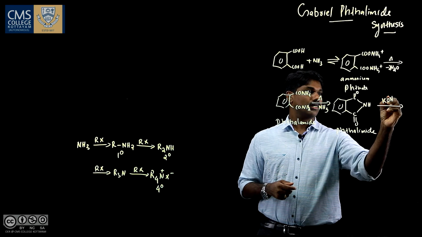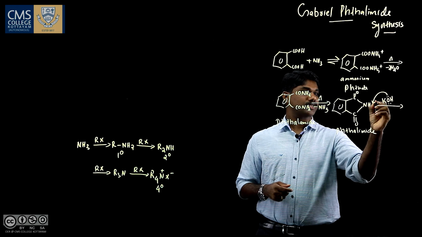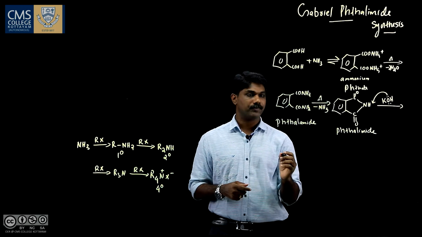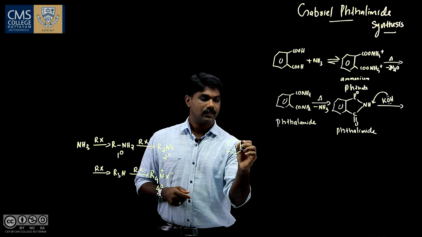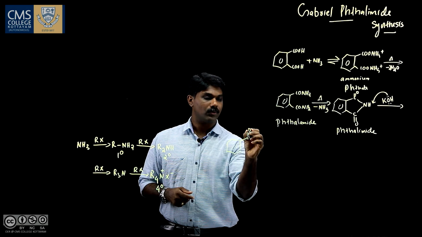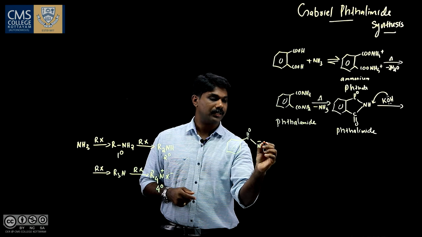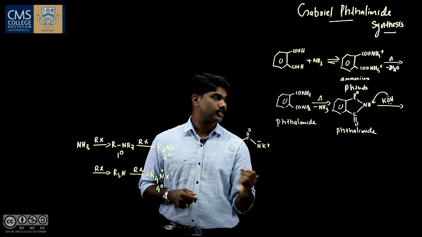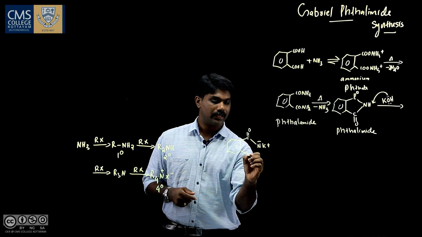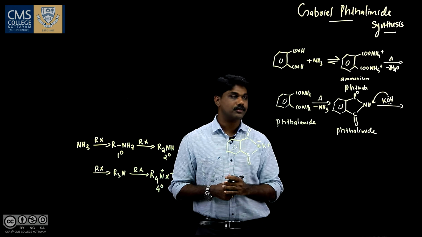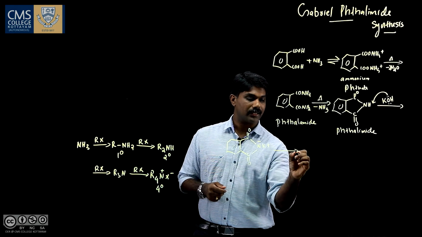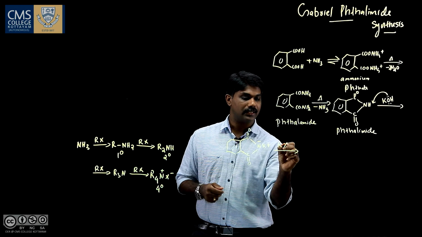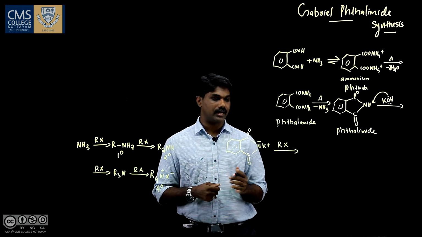So OH minus abstracts one proton and we get C double bond O, N minus, and this K plus gets attached to this N minus. This is the potassium salt of phthalimide, and it then reacts with the alkyl halide.